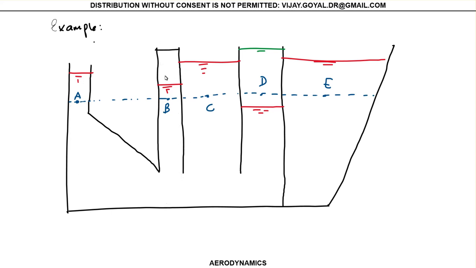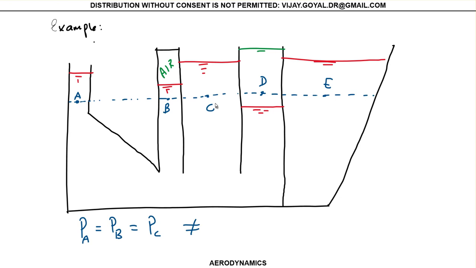This is air. And everything else is the same fluid. Now, because of what we studied, I can tell you that the pressure at A has to equal the pressure at B, which has to equal the pressure at C. However, it's not equal to the pressure at D.